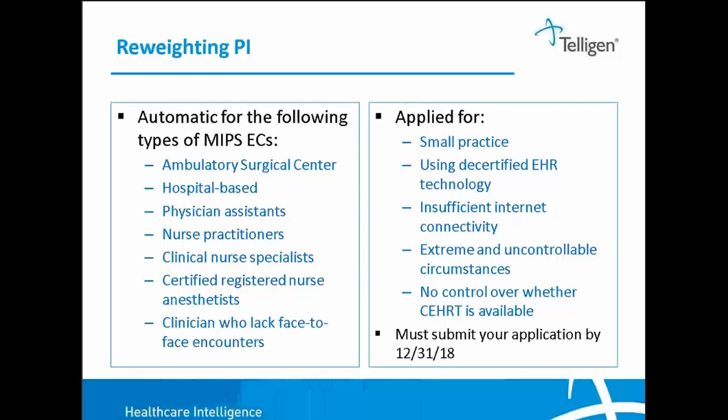The types of MIPS eligible clinicians listed on the table on the left qualify for automatic reweighting. So if you're practicing in an ambulatory surgical center, if you're hospital-based, you're a physician assistant, nurse practitioner, clinical nurse specialist, certified registered nurse anesthetist, or clinicians who lack face-to-face encounters, then you would qualify for automatic reweighting. Now, you also have the option to report, and if they do submit data, it will be scored and weighted under that PI category.